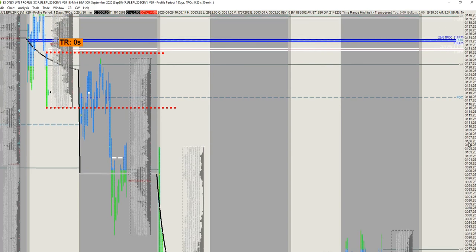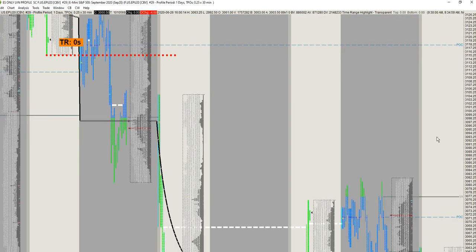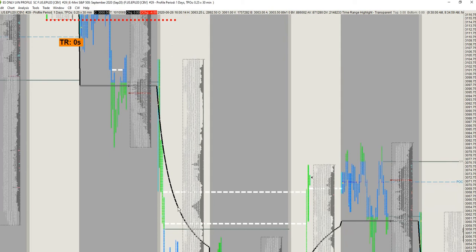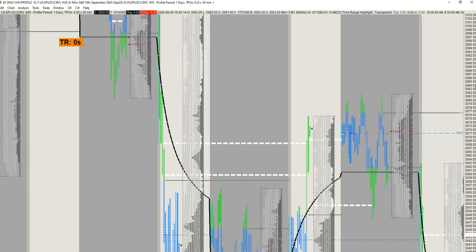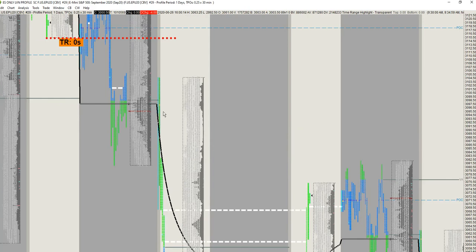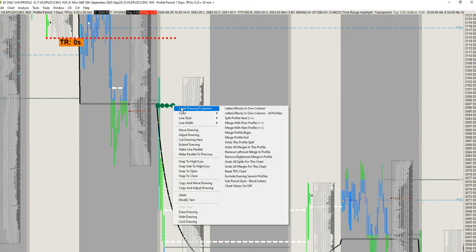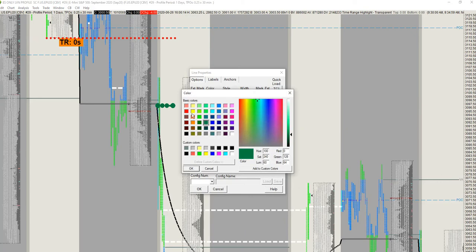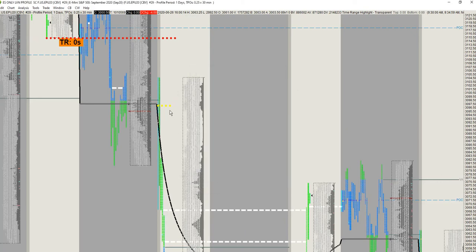So that's already a signal that, when you get those kind of days... where's the open here? Anyway, it's weird, but my open is here. So that's our open. I like to put the open in yellow. There we go. That's where the market opens.